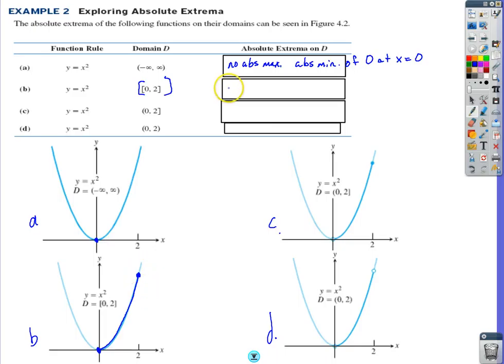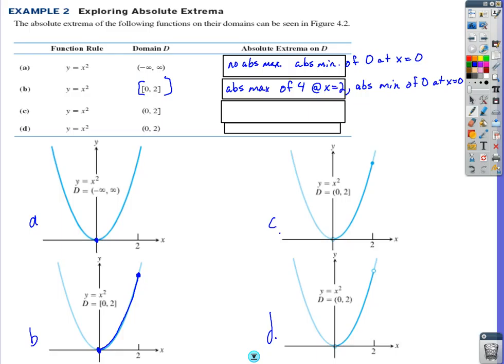So in this one, I do have an absolute max of 4 at x equals 2 and an absolute minimum of 0 at x equals 0.